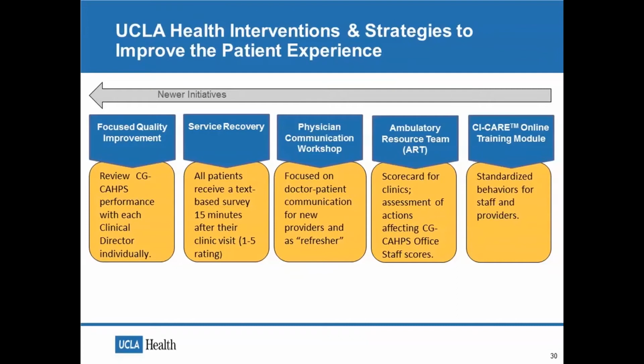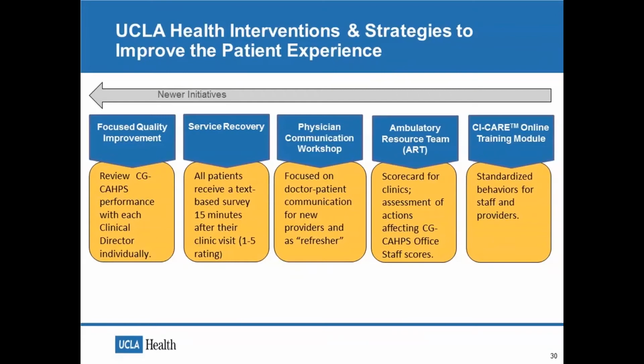Next is our ambulatory resource team, which is doing direct observations in the practices and includes a scorecard with a particular focus on things that we think affect the CG CAHPS office scores. I'll give you more details in a moment. Next is our physician communication workshop, which is led by a skilled facilitator, and this is focusing on techniques to improve doctor-patient communication.